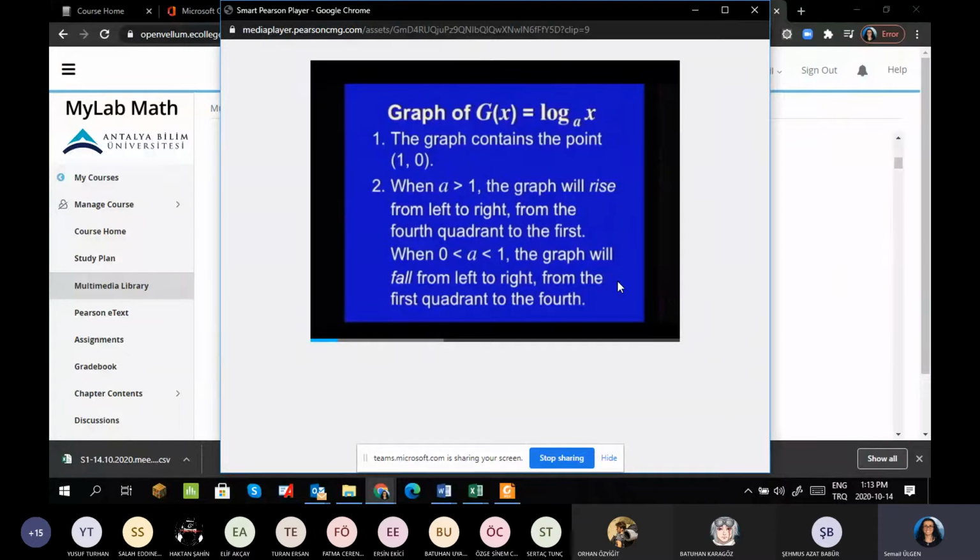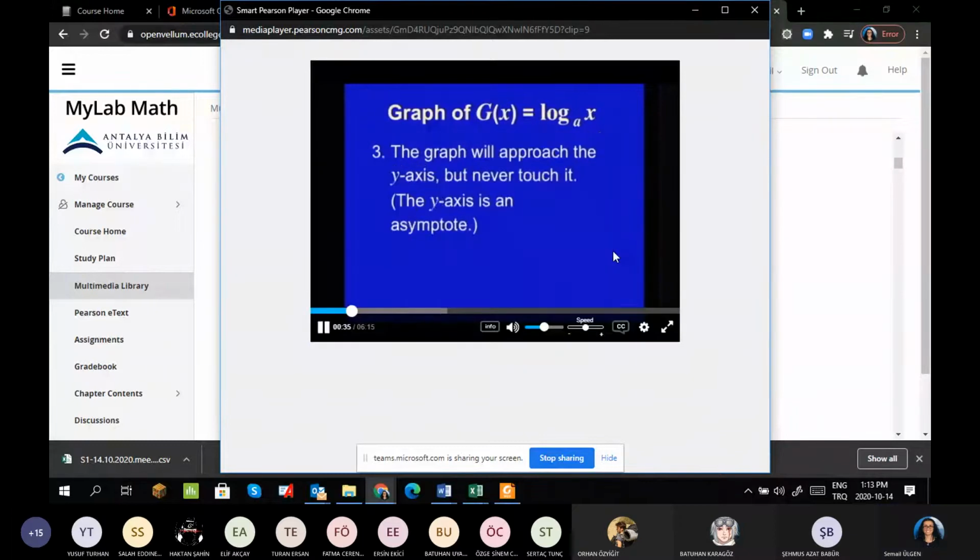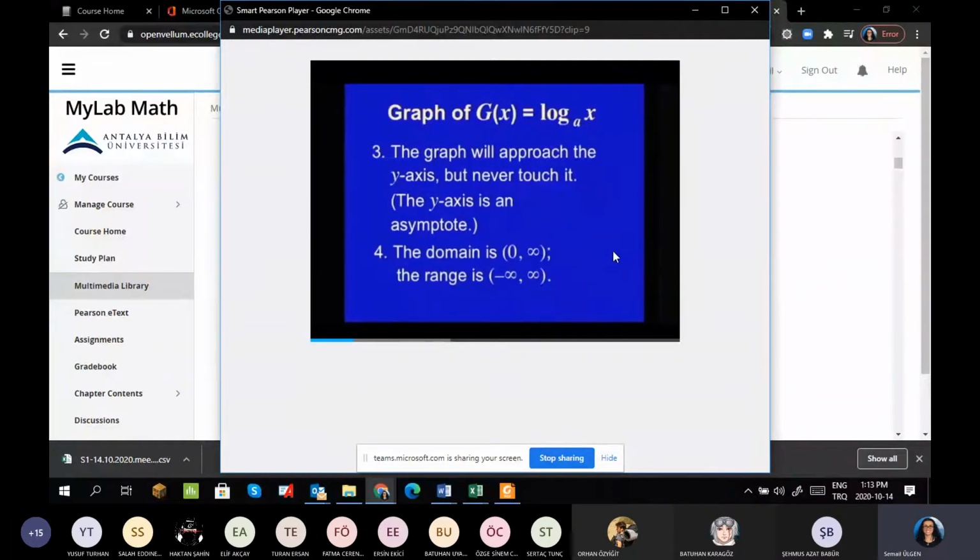When a is between 0 and 1, the graph will fall from left to right, from the first quadrant to the fourth. The graph will approach the y-axis but never touch it. The y-axis is an asymptote. The domain is 0 to positive infinity, and the range is negative infinity to positive infinity.